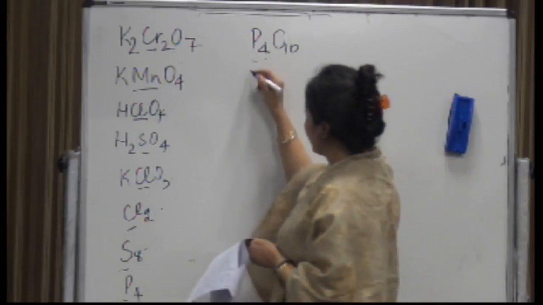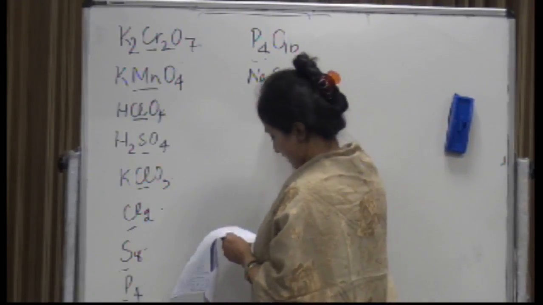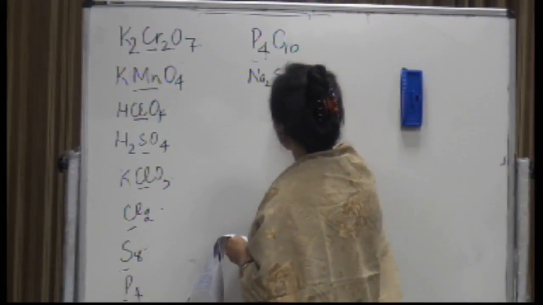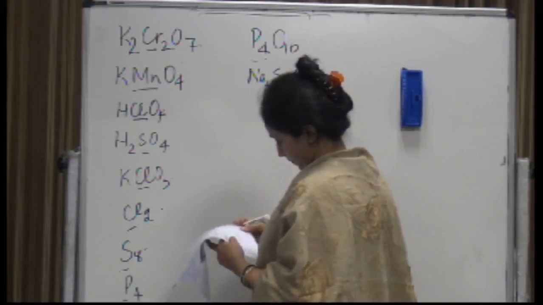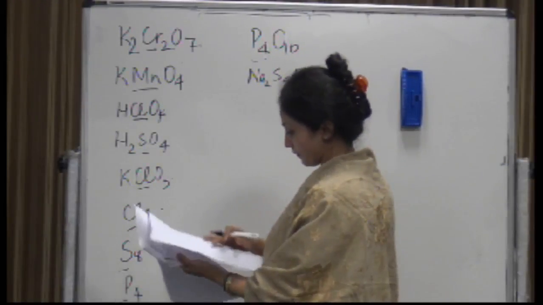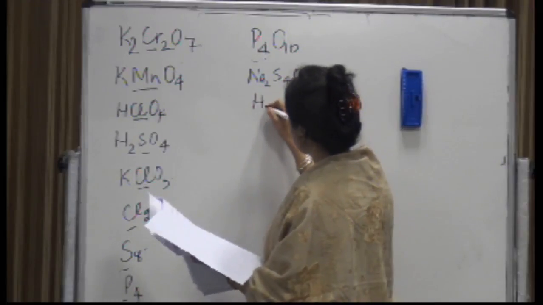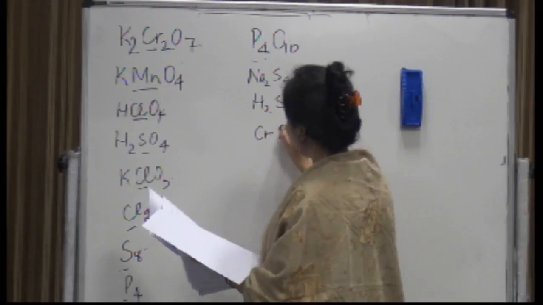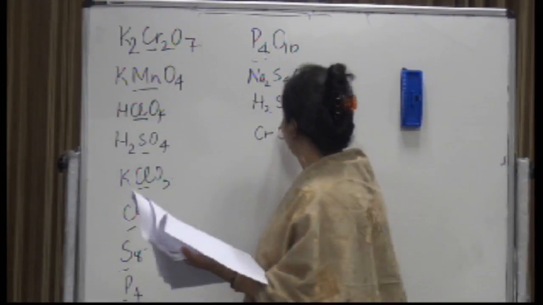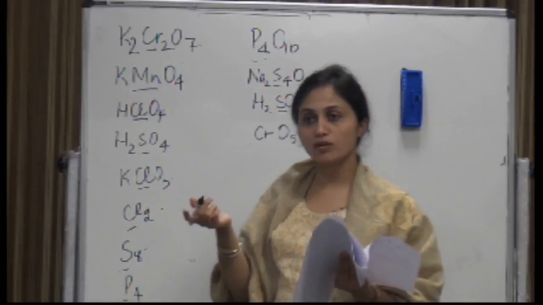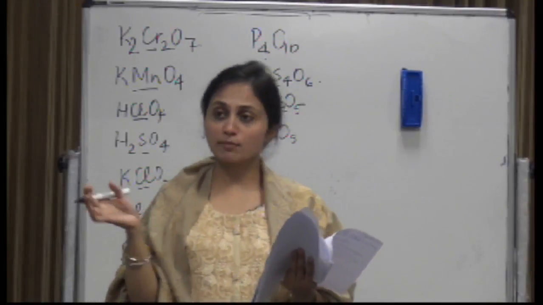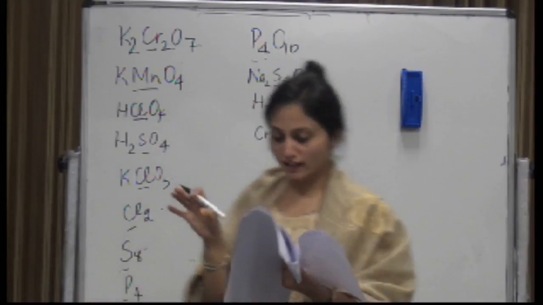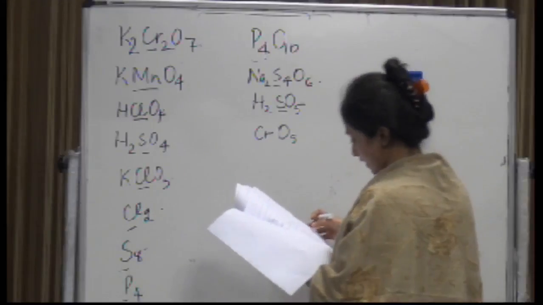Then Na2S4O6, H2SO5, CrO5. What we are doing is finding out the oxidation number. Now I hope you know how to find out the oxidation number. Remember that the sum of all the oxidation numbers will be taken as 0. It's a neutral molecule. I haven't given any ions till now. So CrO5.